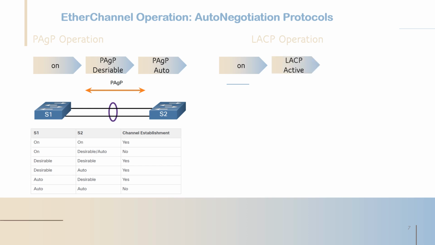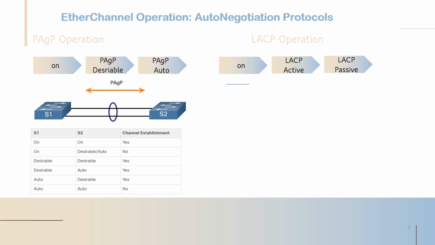We have the active mode, which places a port in an active negotiation state. In this state, the port initiates negotiation with other ports by sending LACP packets. And then we have the passive mode, which places a port in a passive negotiation state, and in this state the port responds to the packets that it receives but does not initiate LACP packet negotiation.